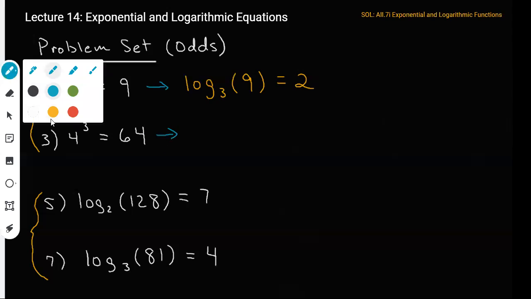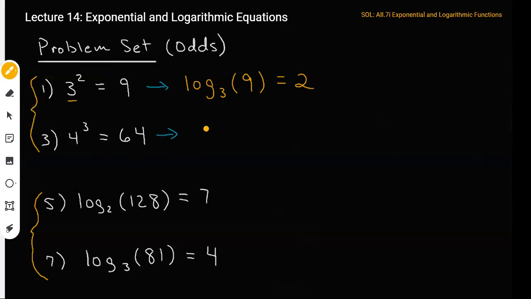Let's try number 3 together. Okay, so I'm going to start off with my logarithm. The first thing I look for is my base. That's the most important number. My base is going to be 4 this time. And then I'm going to take my exponent and throw it to the other side.